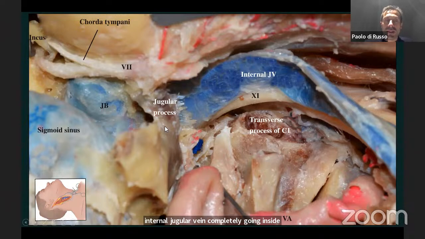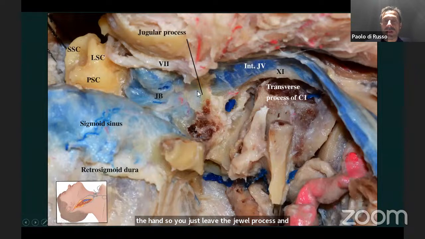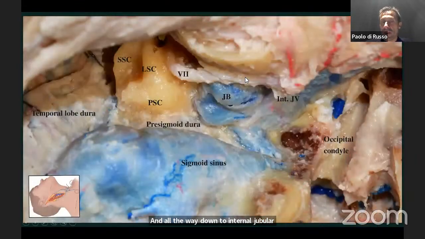So you just leave the jugular process and you bite it or drill it out, and you have here the nice view from the sigmoid sinus to the jugular bulb and all the way down to the internal jugular vein. So you have a nice extradural, completely exposed jugular bulb.